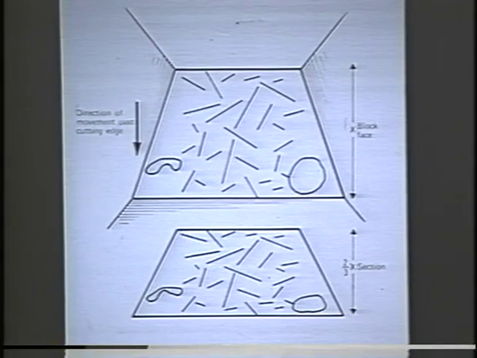As the block face comes down and hits the knife, there is an unavoidable compression of the section. This can be ameliorated in several ways. One is to use a proper embedment, which is thoroughly polymerized. And as I mentioned earlier, one way of carrying polymerization to completion is to microwave the blocks.